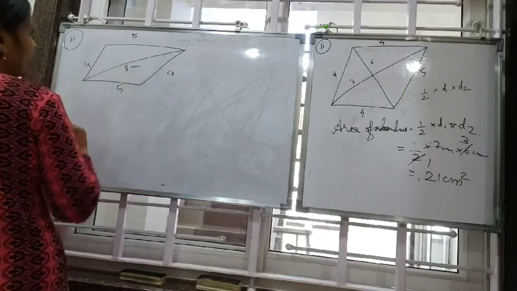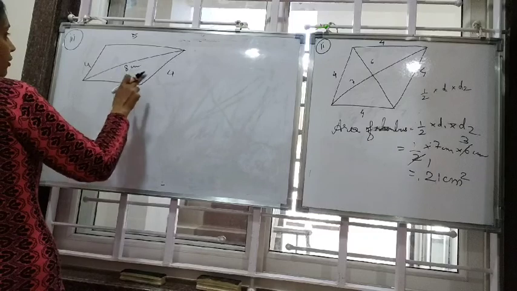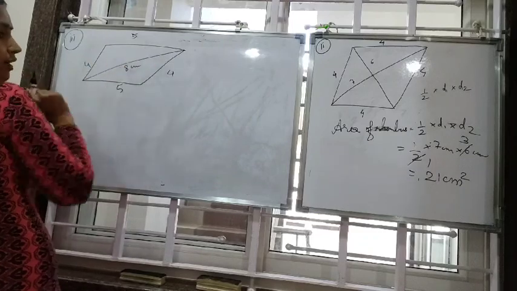Now see, this is an equilateral triangle, same type of triangle, 5, 4, 4, 4, 5, 5, same.